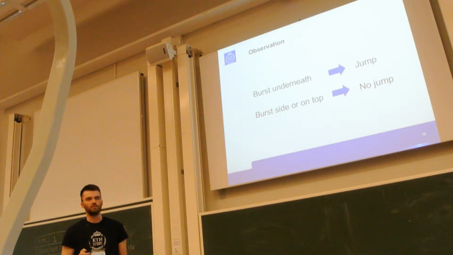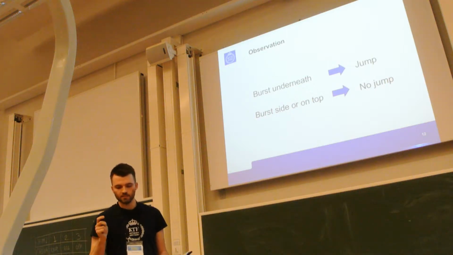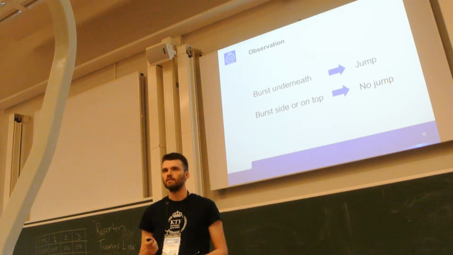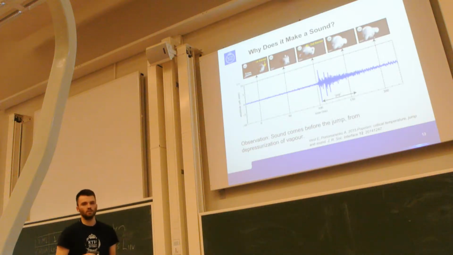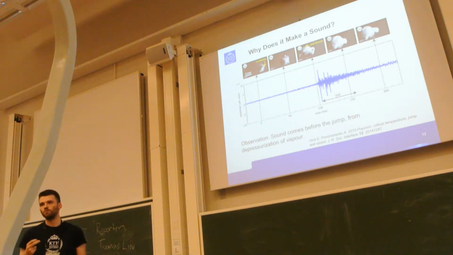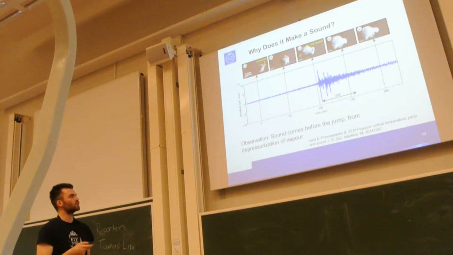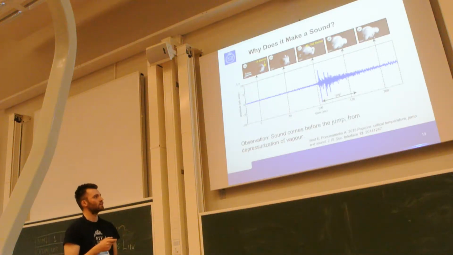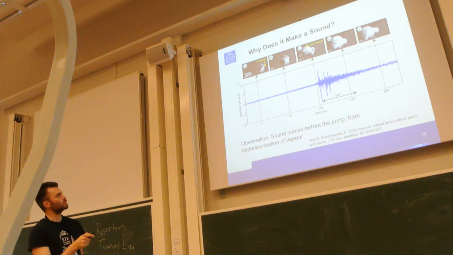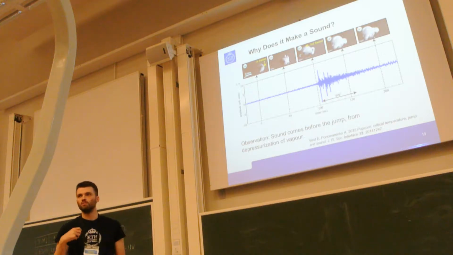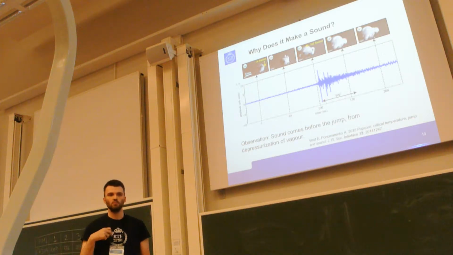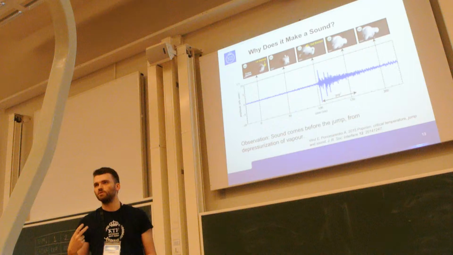Now to the second part of this phenomenon, and it is the sound. And this is the really important thing, because the sound and the leg are not connected. This is supported by this measurement from the same article. They measured the sound at the same time as the fracture. And what they see is that the sound comes before the jump. It's not because of the contact of the leg with the ground.